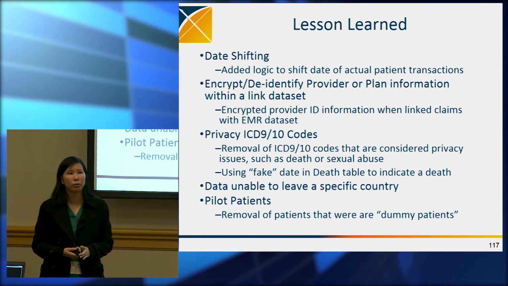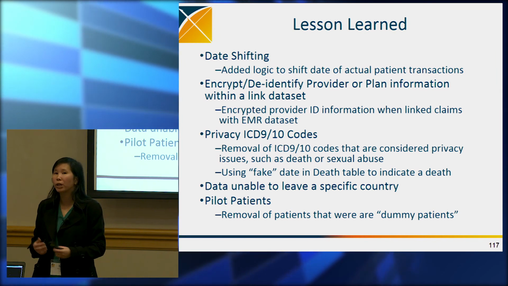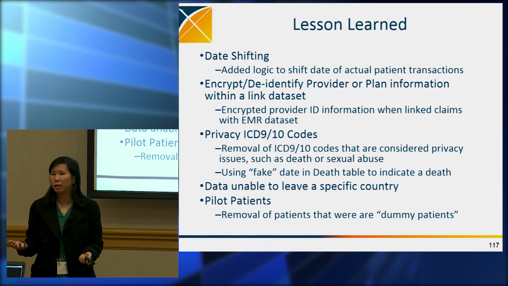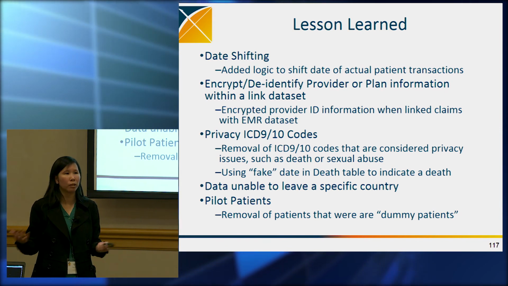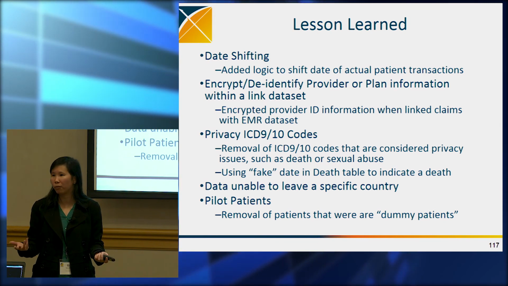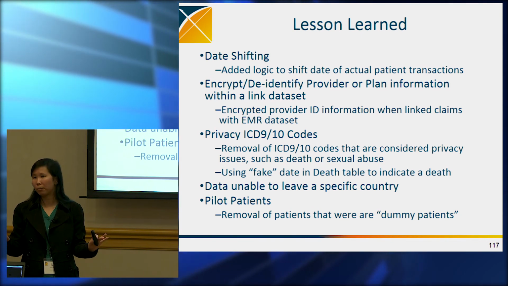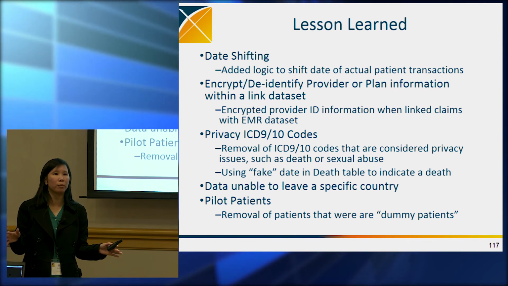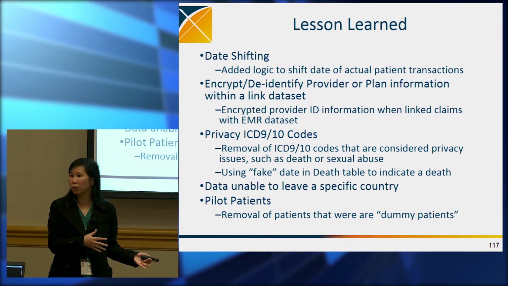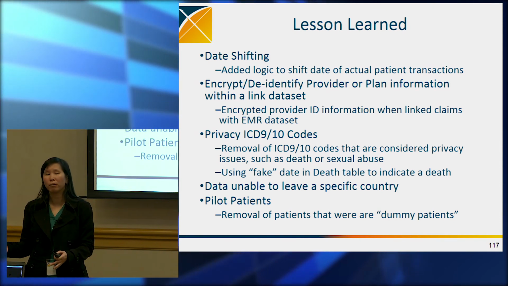ICD-9, ICD-10 codes. There are codes in there where this is actually a debate we had in the Themis working group two days ago: how do we note these? Because privacy is very big in the United States as well as all over the world. You don't want to be able to identify that patient in any way, shape, or form because you are working on de-identified data. Now, for those that are in PHI, which stands for personal health information, this isn't a problem, which means you can see all of their personal and private information. But for those that are outside of that, it is very important that we do this.